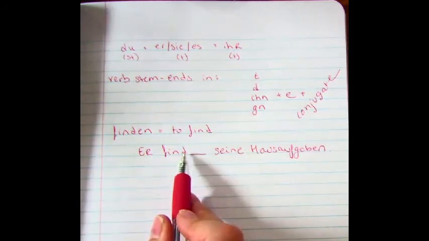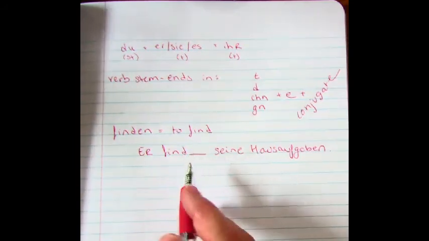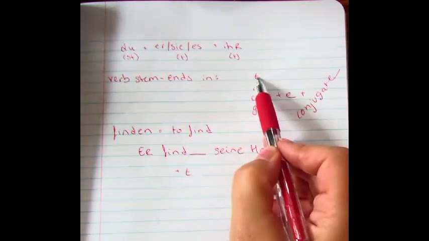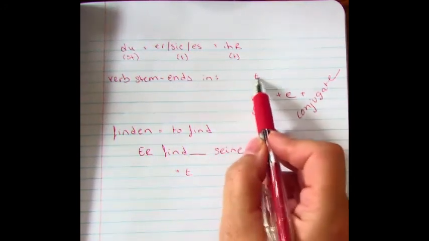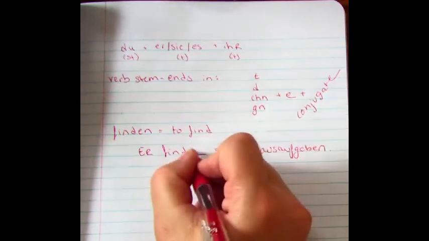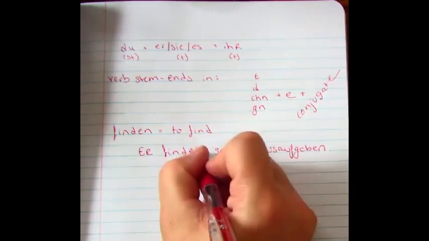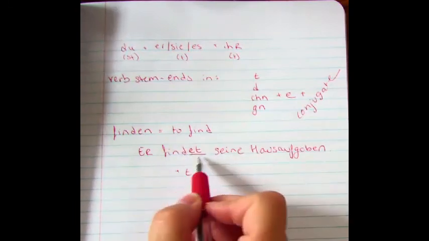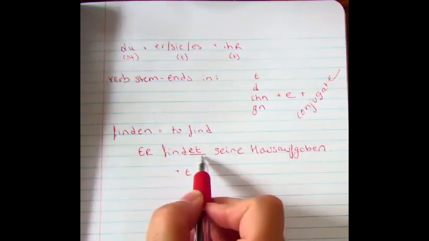I know from our little chart before that I needed to add a T. So I want a T for this. But this ends in a T, so before I can add my T, I have to add an E, and then I add a T. So now this is actually something you can say, and it says findet.